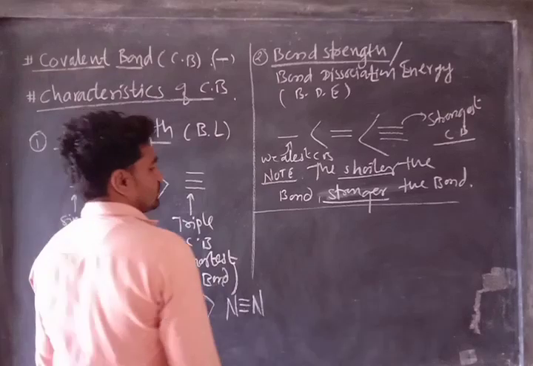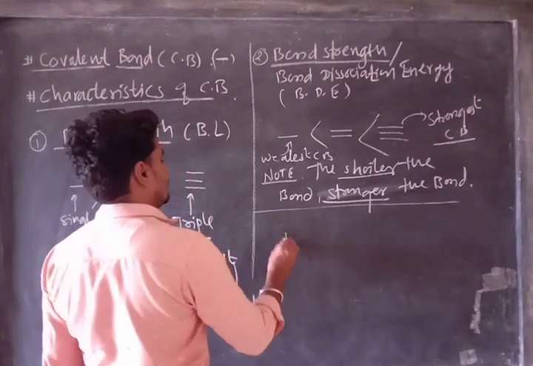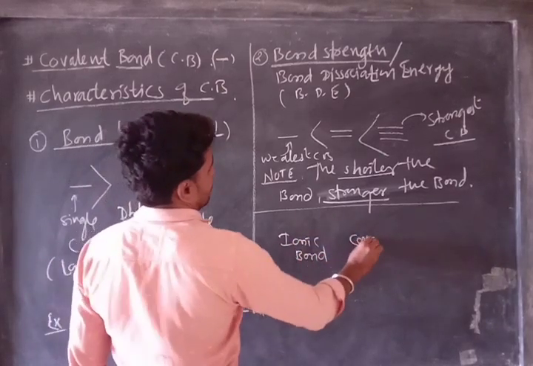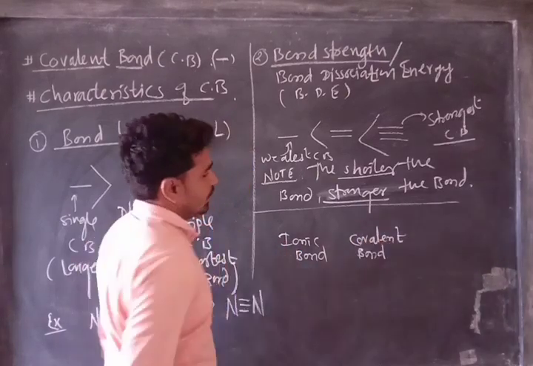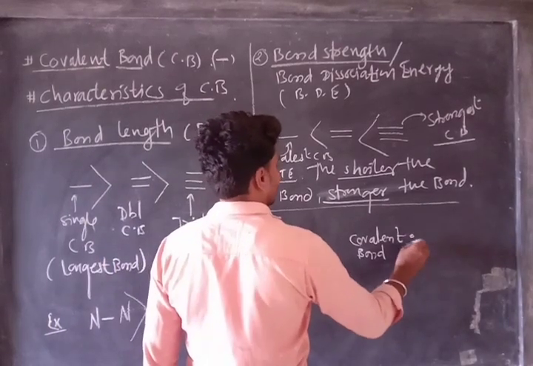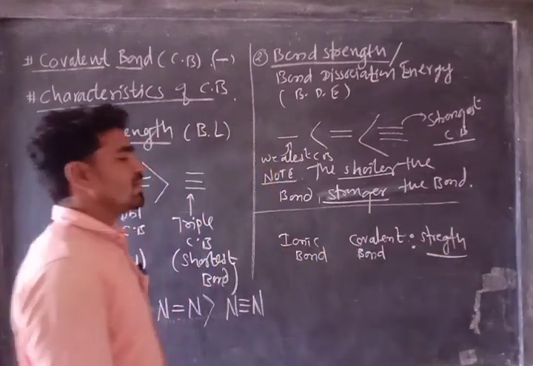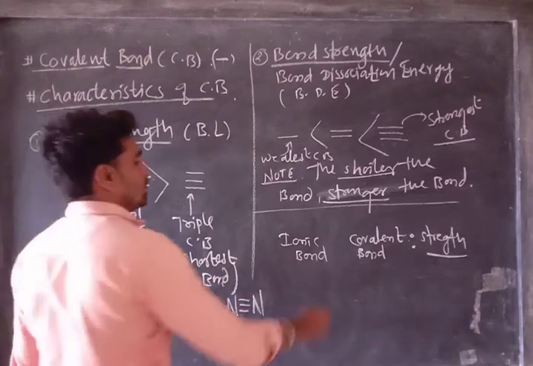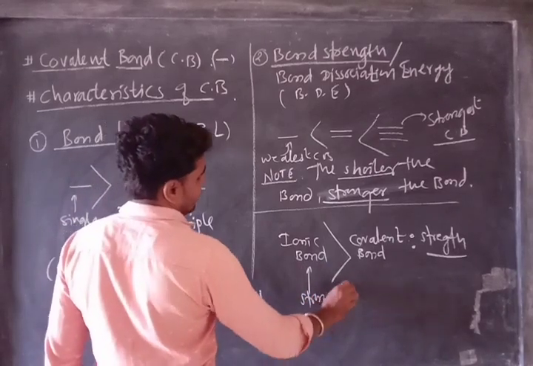And after this, I want to tell you, here you consider, here is the ionic bond and here is the covalent bond. And if you guess about its strength, when we compare the covalent bond and ionic bond, the ionic bond is the strongest bond, my dear friends.